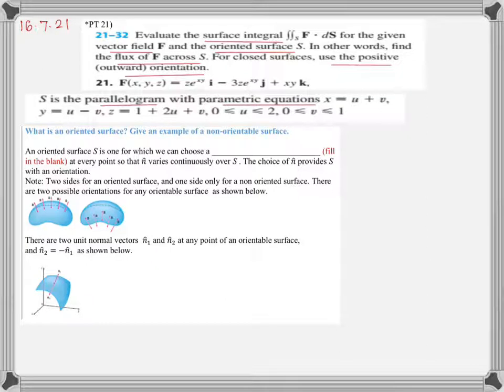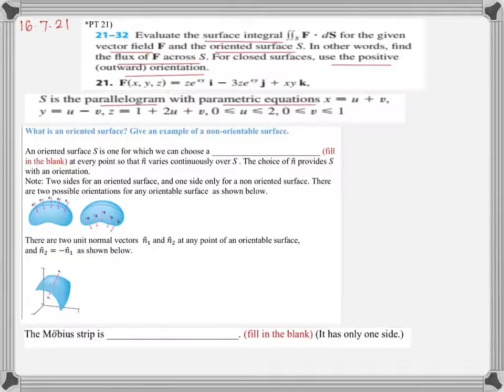An oriented surface S is one for which we can choose a unit normal vector n at every point so that n varies continuously over S. The choice of n provides S with an orientation.